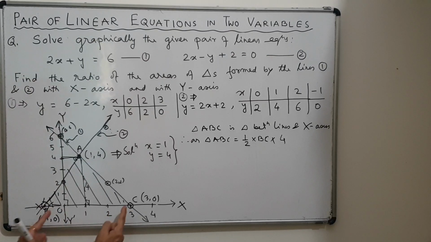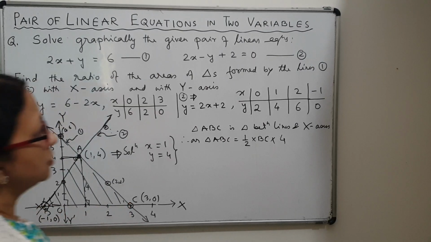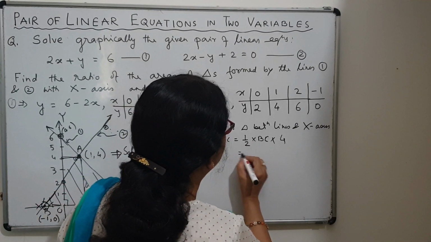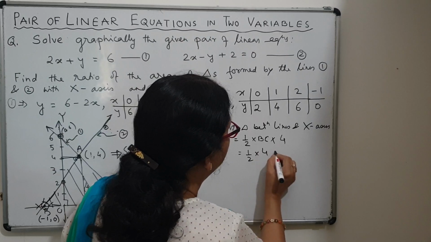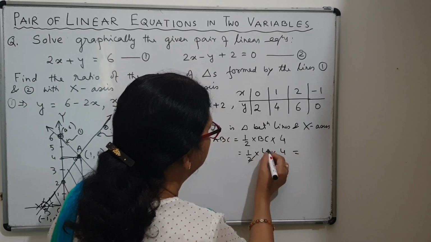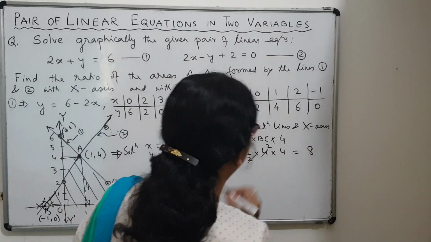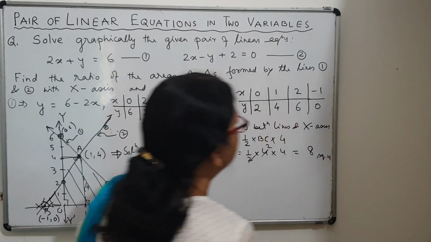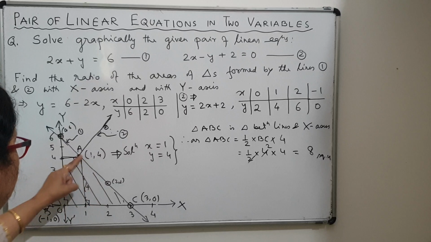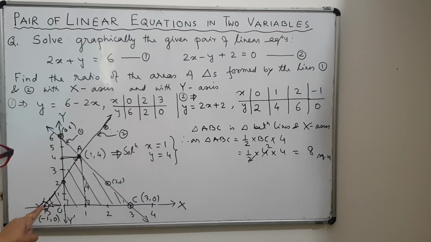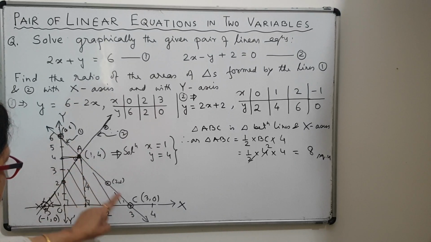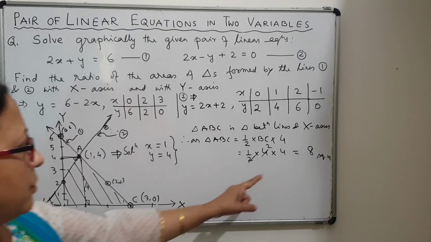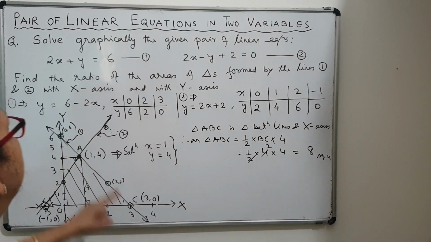BC is actually here 3 unit and here 1 unit. So 3 unit plus 1 unit, so whole is 4 unit. So it is equal to half into 4 into 4. So that is 8 square unit I must write. So the area of the triangle ABC, that is the area of the triangle formed by the lines and the x-axis, is found to be 8 square unit.